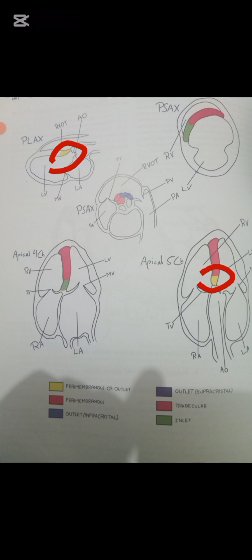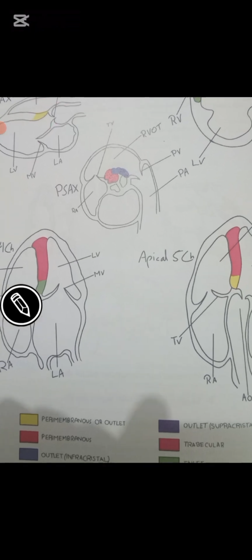Both are the outlet perimembranous VSDs here. If the VSD appears in the 5 chamber view, this is called perimembranous outlet VSD. And if the VSD appears in the 4 chamber view, this is called the inlet VSD. And look at the short axis view.